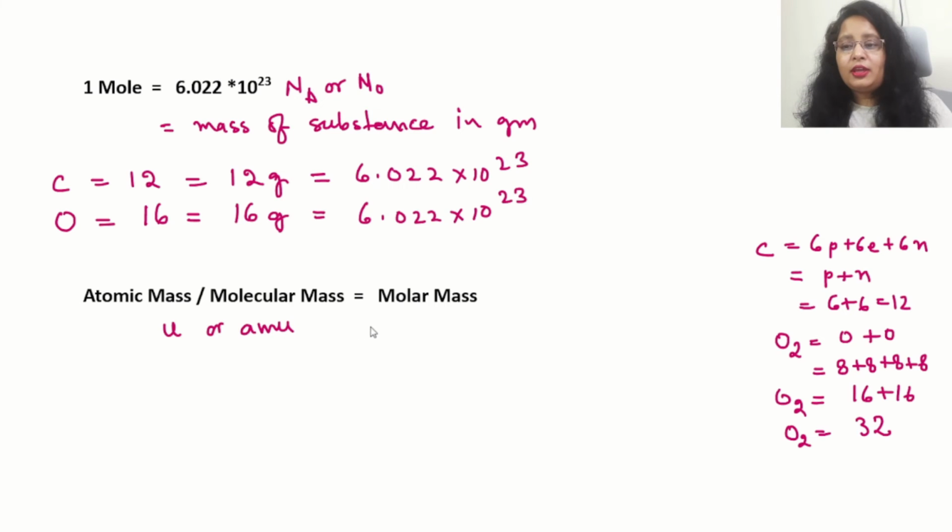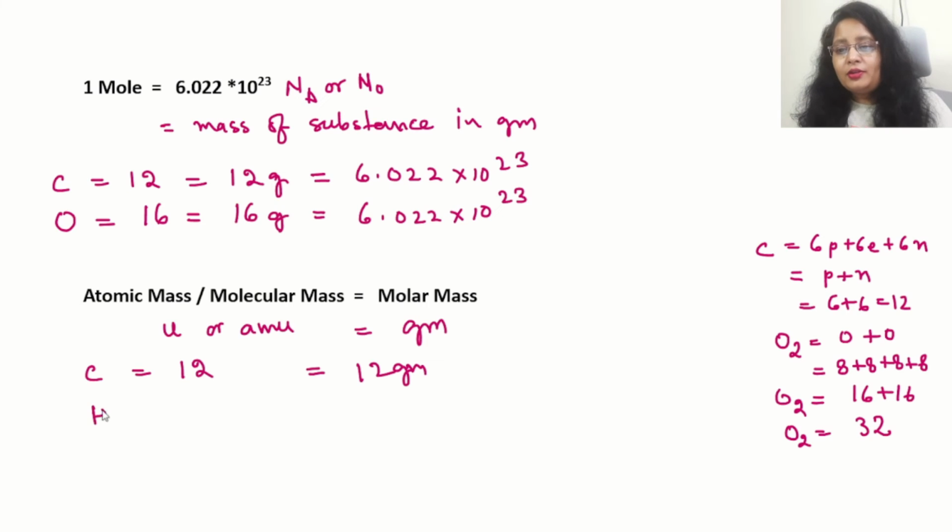We mention amu or u. For molar mass, when we are mentioning it, it should be in grams, and the numerical values will be the same, only the unit is different. So the same we can say for carbon: its atomic mass is 12 and the molar mass is 12 gram.